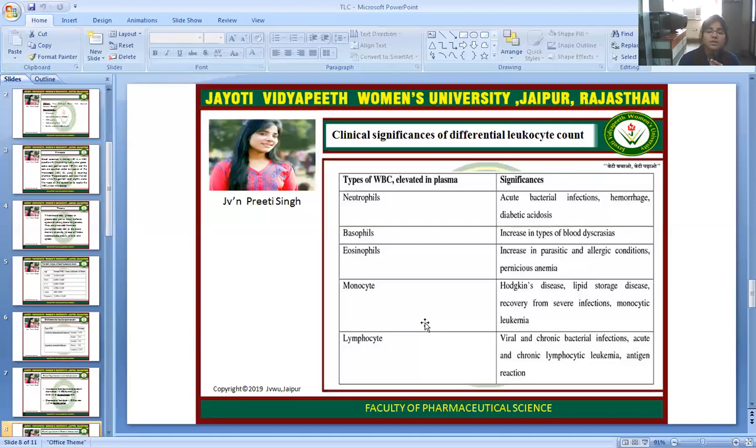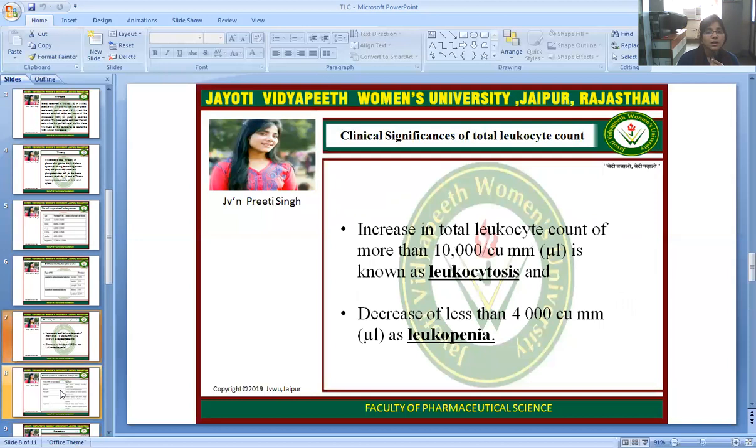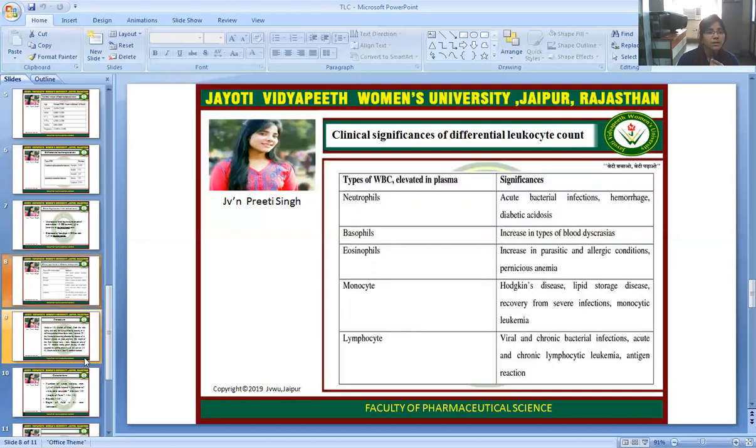Now the monocytes: Hodgkin's disease, lipid storage disease, recovery from severe infections, monocytic leukemia. The last one is the lymphocyte: viral and chronic bacterial infections, acute and chronic lymphocytic leukemia, and antigen reactions. So this is the clinical significance of the differential leukocyte count. This is a very important part.